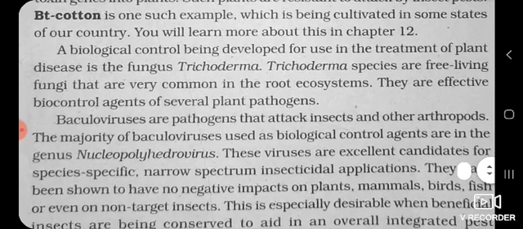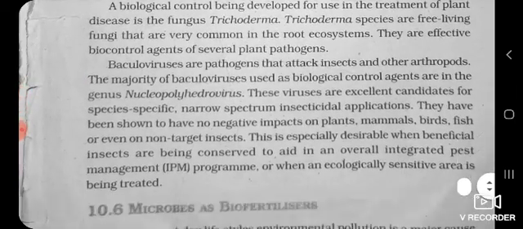So here Trichoderma is the name of the fungi which is free-living, and it is found in the roots of higher plants, so it is called the root ecosystem. It also controls several plant pathogens, because the plant pathogens present in the soil are near the roots of the plant, and these can be controlled by Trichoderma.